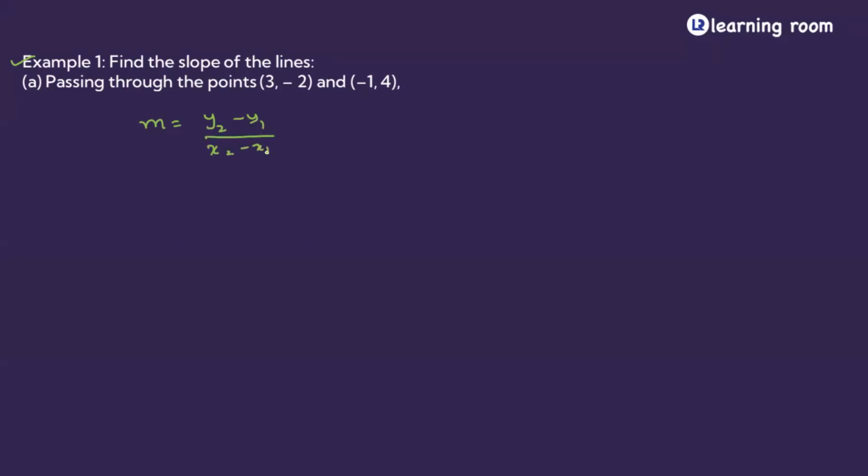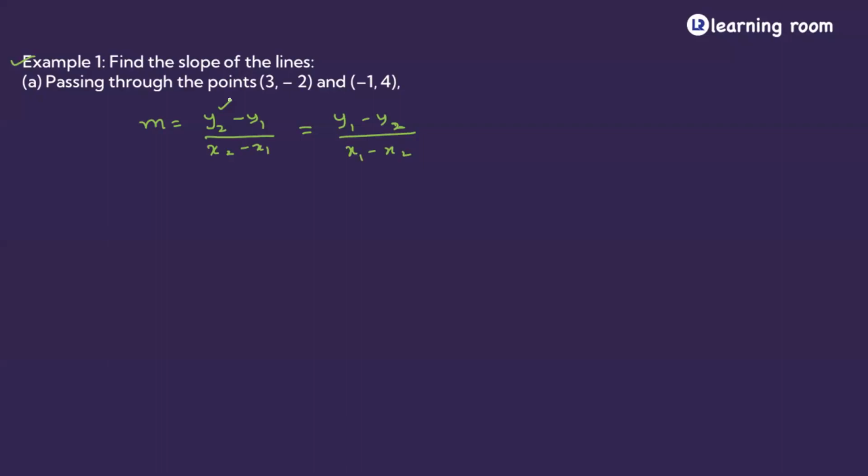Listen to this carefully: if you start with 2 in the numerator, y2 minus y1, in the denominator you should also write x2 minus x1. At the same time, this is also equal to (y1 minus y2) by (x1 minus x2). So if you start with 1 in the numerator, you should start with 1 in the denominator. But this is the formula given in your textbook and we'll follow that.